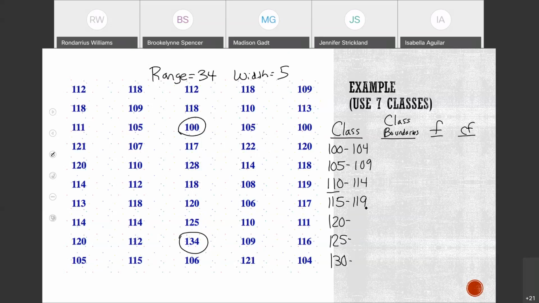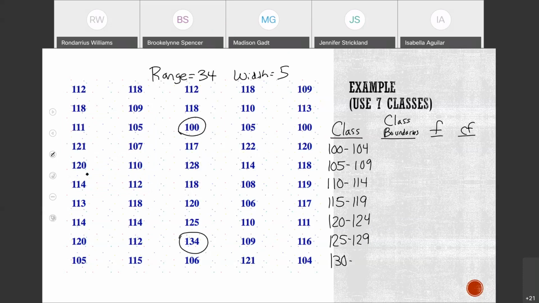Then 124, all right, you guys with me? Is everybody understanding what we're doing here? And then 125, 129. And then the last one, sometimes we get a little bit stuck because we don't have anything to look at. So what you could do is add an extra class on the end if you wanted to.